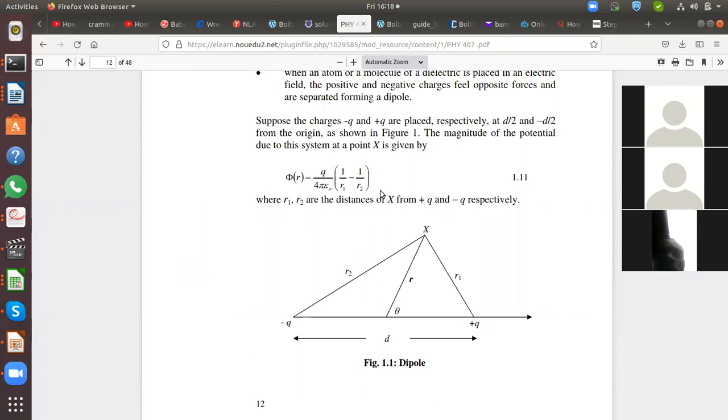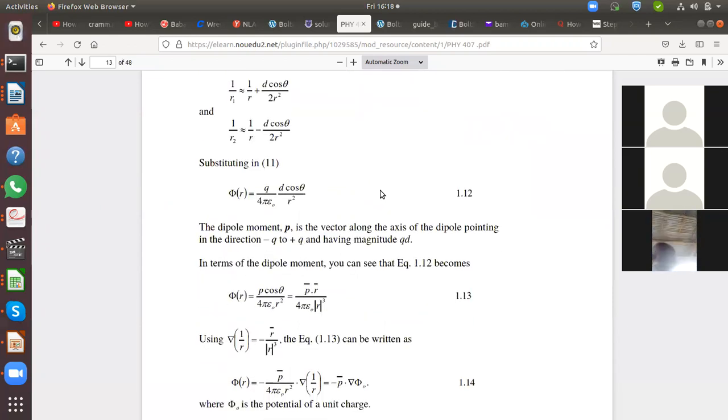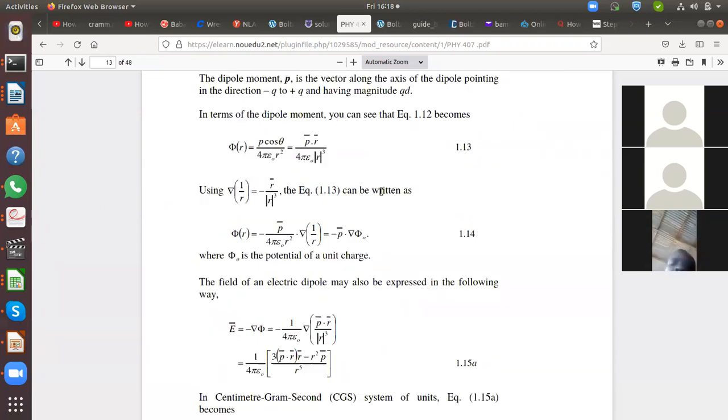When you have two different charges at two different distances, you can use the difference between them, multiplying by the charge itself, to compute the potential. So it's more or less like a dipole calculation, and you can see the derivation of the formula.